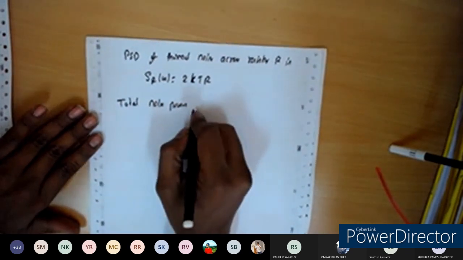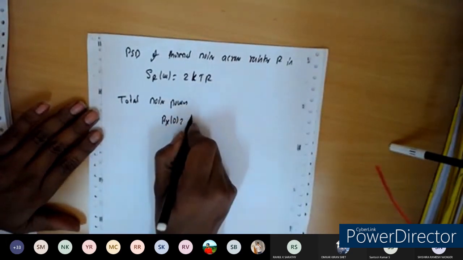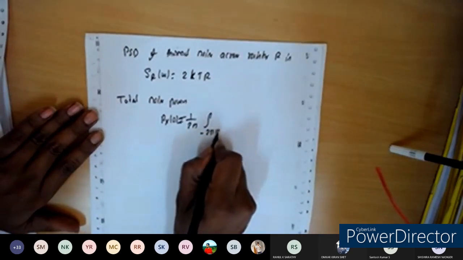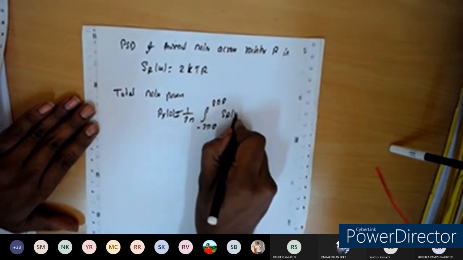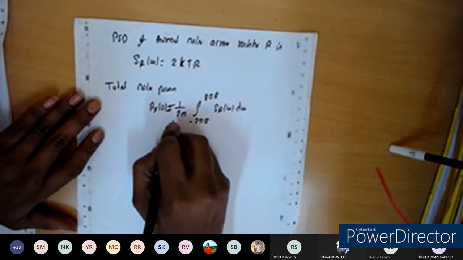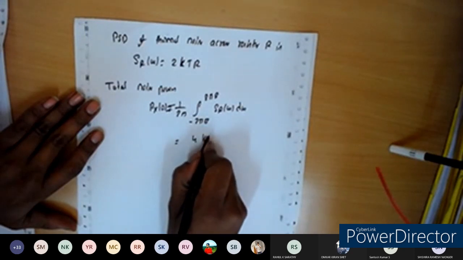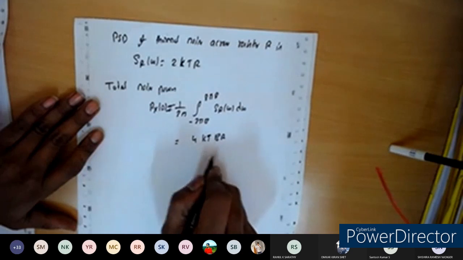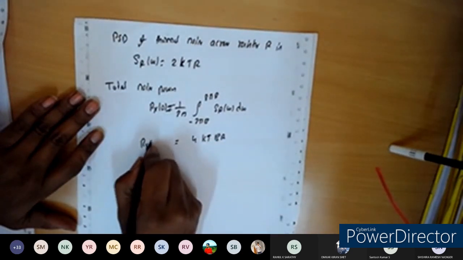Total noise power is given by Rx of 0, which equals 1 over 2 pi times the integral from minus 2 pi B to plus 2 pi B of S_R of omega d omega. So we get 4 kT B R. This is Rx of 0.